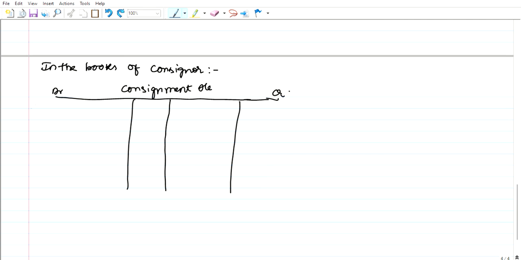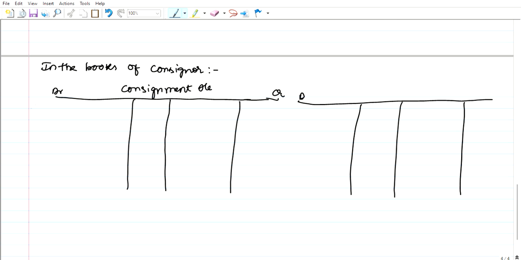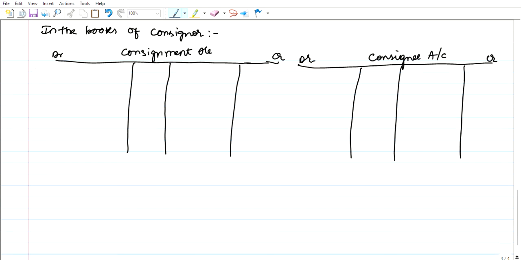So the next account is the consignee account. And the next one is goods sent on consignment account.